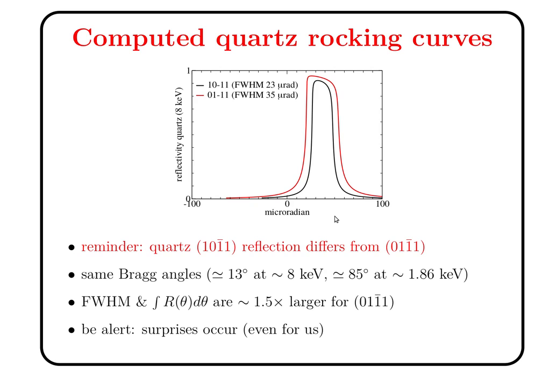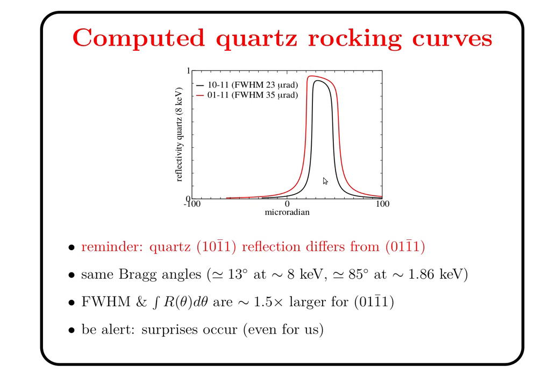You can find it. And you see the full width at half maximum of one of them is 50% or so less than of the other one. Of course, the integrated reflectivity, the area under this curve, is roughly smaller by the same factor.